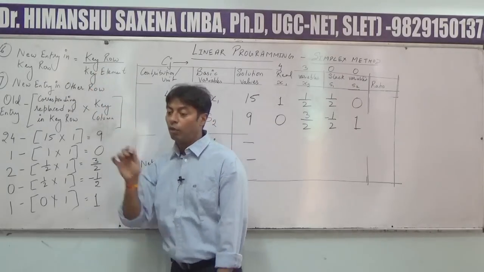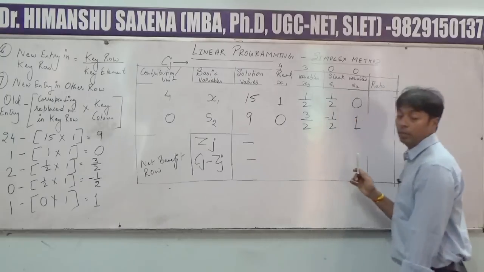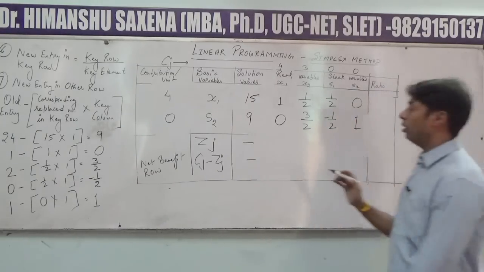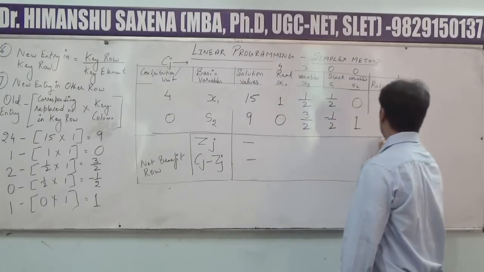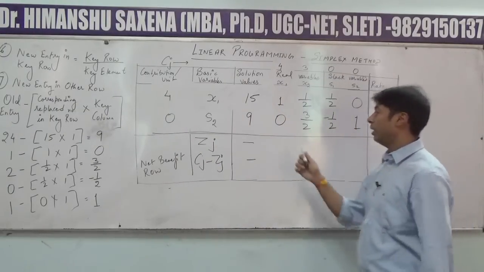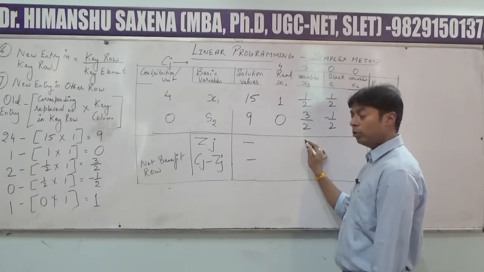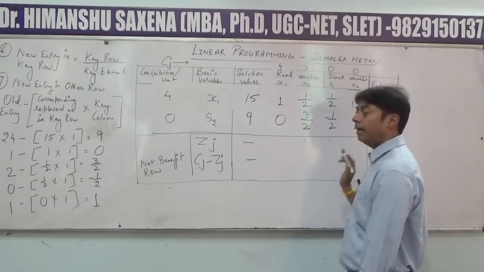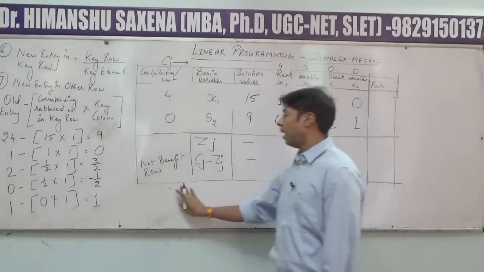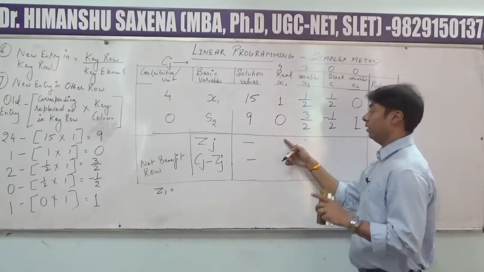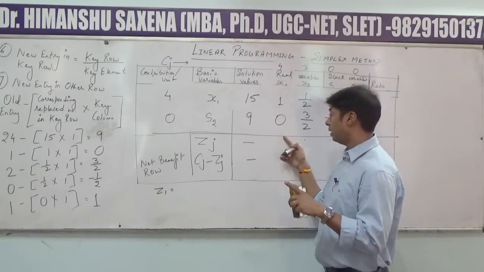The earlier one was a key row and the other one was a row which was not a key row. So after placing all these values, now we are going to again calculate the value of Zj. Now this is Z1, Z2, Z3 and Z4. Now please see the calculations of Z1. For Z1, we are going to carry out the same process.